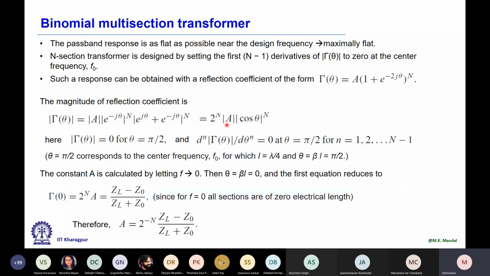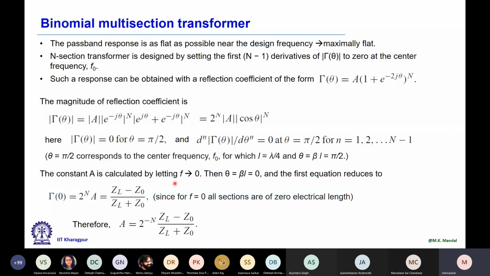How come ZL minus Z naught? Even though we have n number of sections in between ZL and Z naught, because theta is 0, the overall length of your transformer unit is 0 when f tends to 0. So then it is determined by the extreme two sections, ZL minus Z naught by ZL plus Z naught.